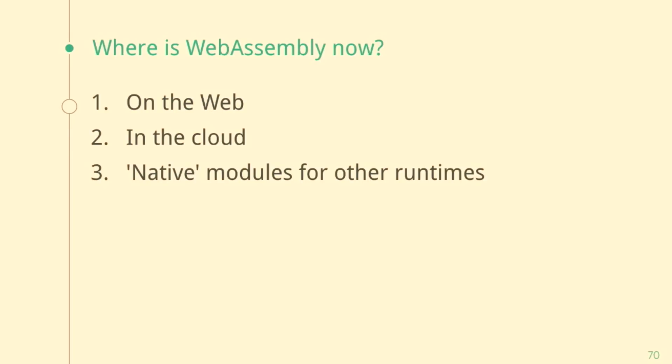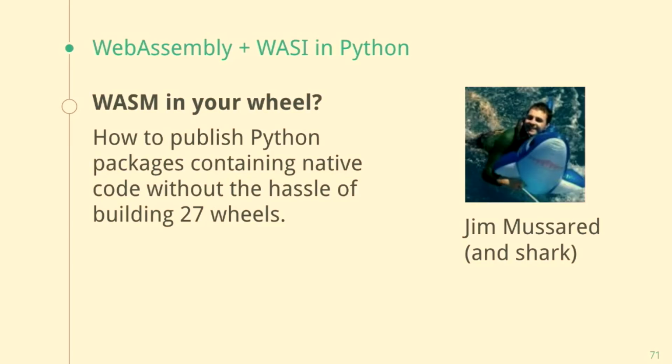And so this is why I'm super excited about the next talk that's coming up right now, which Jim is giving, which is about how you don't need to create 27 different wheels for different platforms to have native code in a Python package, when you could include WebAssembly instead and just have one package that works everywhere.